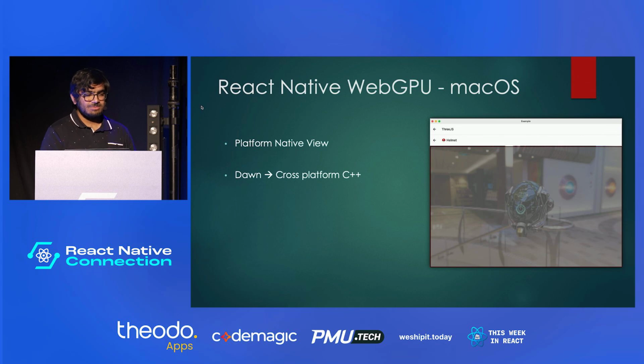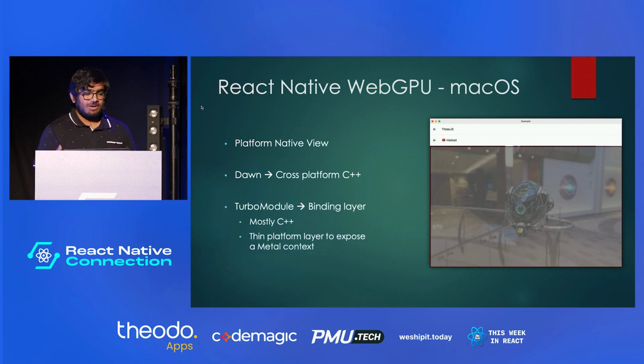Dawn is the cross-platform C++ library that Google wrote that translates the JavaScript WebGPU into Metal on Apple. And then the part that React Native WebGPU does is the binding layer, or the turbo module, which is mostly just a thin platform layer to get the C++ to talk to the platform native view. Most of these things are already cross-platform, so the part that I needed to work on was basically the thin platform layer to expose a Metal context.